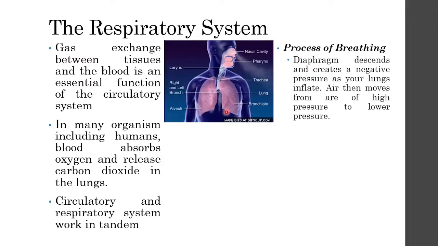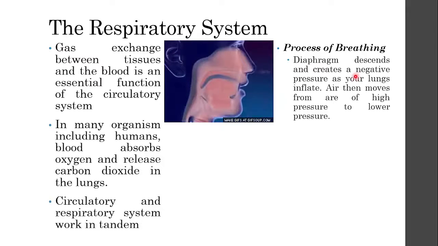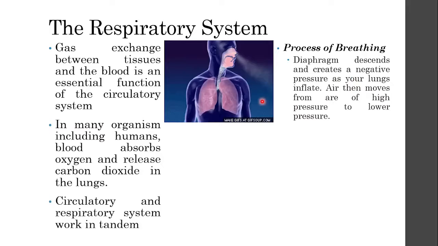So what needs to happen is for the diaphragm to descend. This is our diaphragm. The diaphragm, which is a type of muscle, will go down, and what it does is it inflates the lungs. When our diaphragm descends, our rib cage starts to open up, increasing the size and inflating the lungs. And when our lungs inflate, it creates a negative pressure.